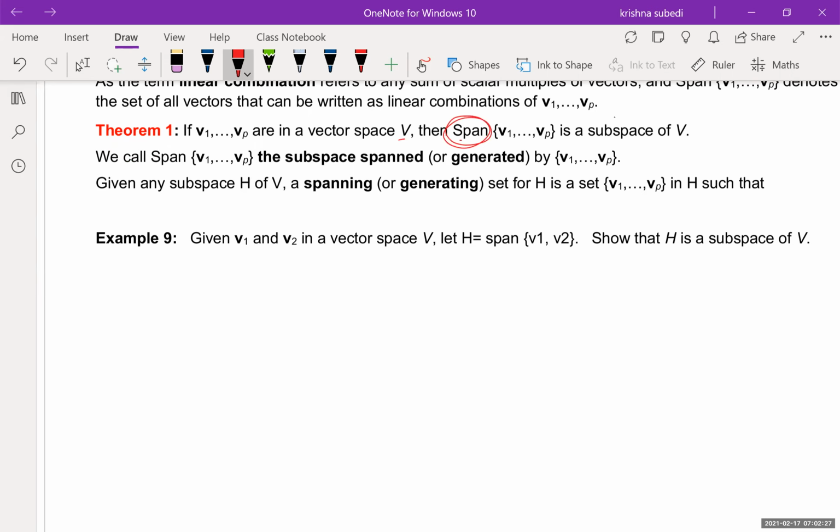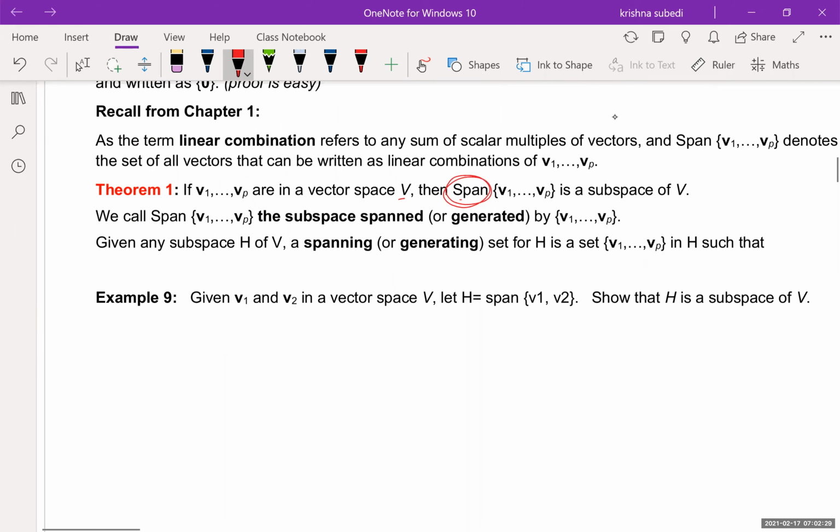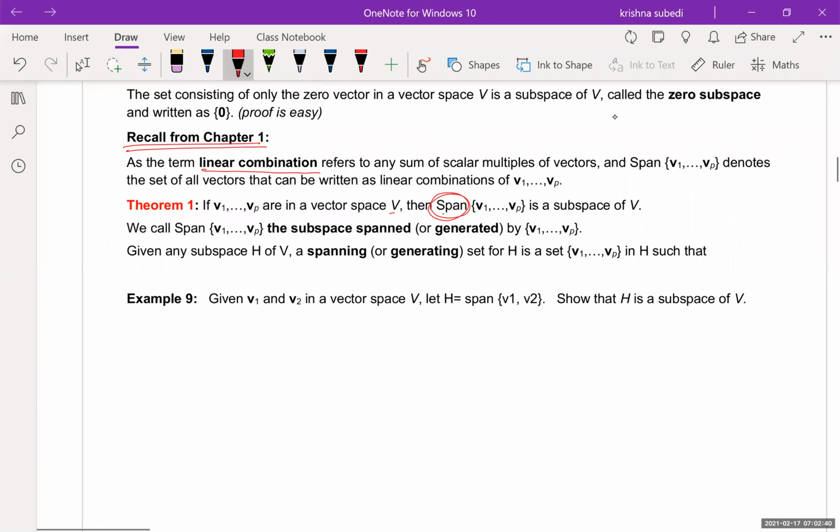In chapter 1, we discussed that in great detail. The term linear combination refers to any sum of scalar multiples of vectors, and span of v1, v2, all the way up to vp denotes the set of all vectors that can be written as a linear combination of v1, v2, all the way up to vp.